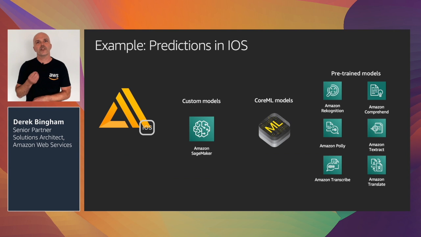Next, I'm going to touch on an example of using one of the new categories, predictions, with iOS. With predictions, you can use backend services like Rekognition and Comprehend, all of those services, to add AI and ML to your application really simply.